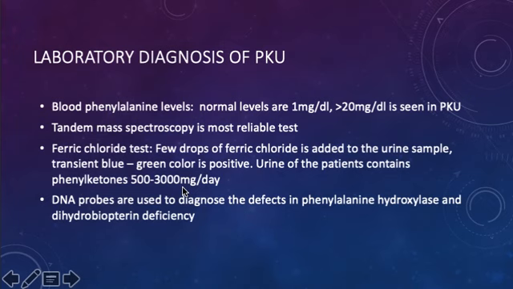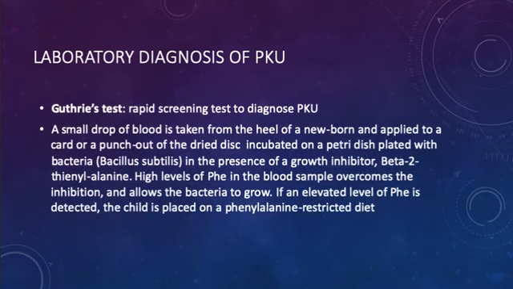Then you have certain DNA probes that are used to diagnose the defects in phenylalanine hydroxylase and dihydrobiopterin deficiency. Then you have certain other, more specific tests, like the Guthrie test, which is a rapid screening test to diagnose PKU. So how do you do this test?